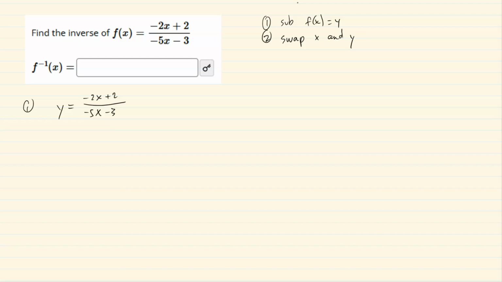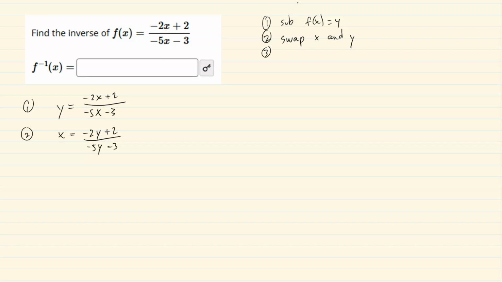So swap x and y. Using step 2, we end up getting x equals negative 2y plus 2 over negative 5y minus 3.